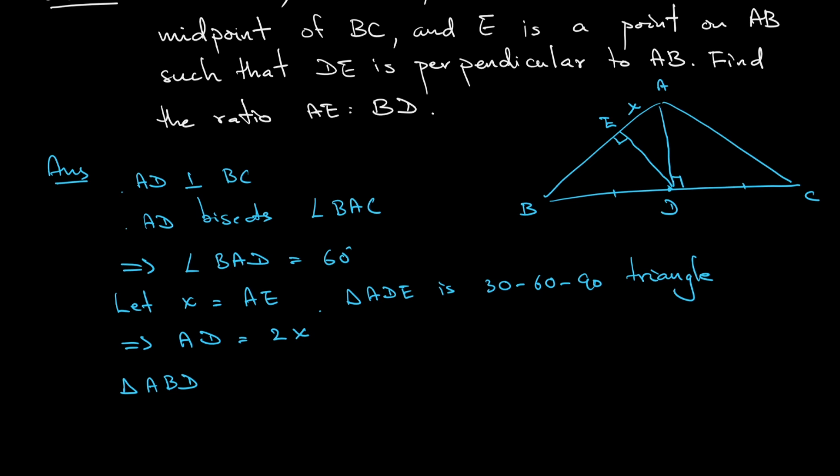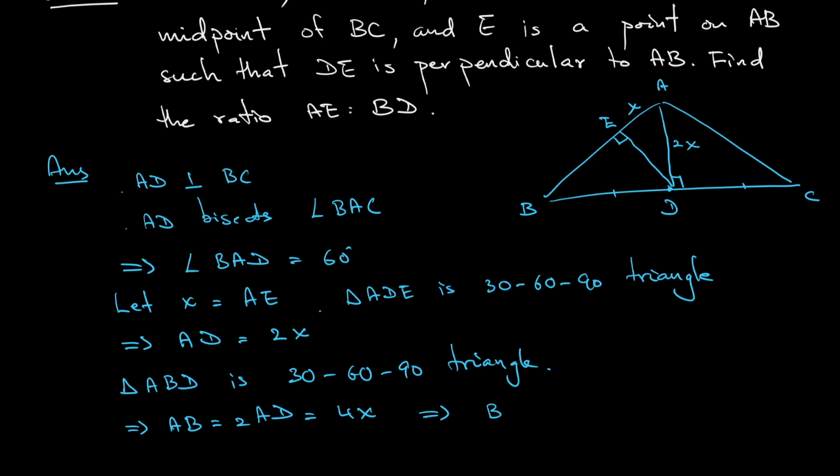So meaning that triangle ABD is also a 30, 60, 90 triangle, or half of an equilateral triangle. Okay, so AD is already found that it is 2x. So BD, right, it is the height, it's the medium side basically. Okay, so here I can say that AB is twice of AD, but AD is already found as 2x, so this will be 4x.